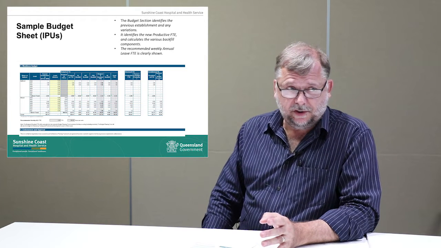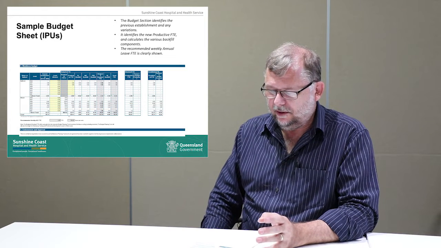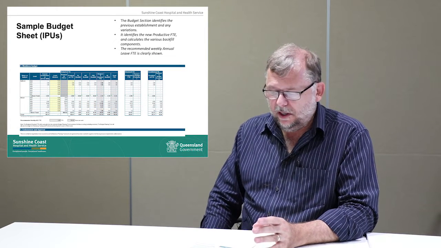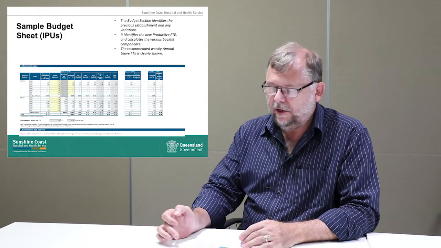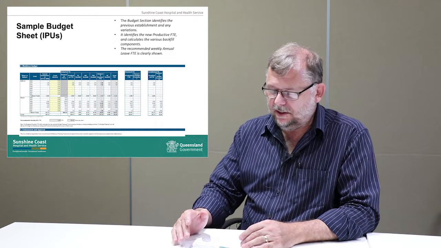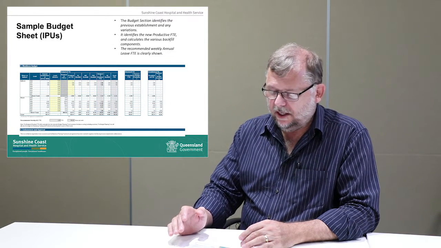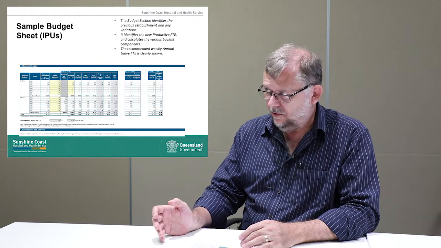This next slide shows a picture of a standard roster profile template that we have here in the health service in use at the moment. The top section is an input portion where the hours per patient day, the bed numbers, etc. are popped in and the days of the year, and that then provides us with an overall number of hours per week that we can roster.